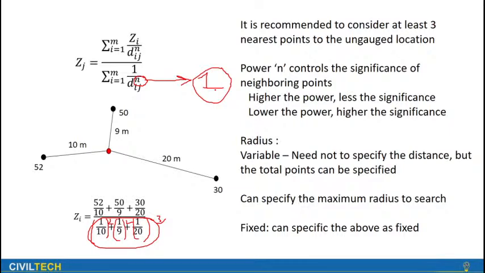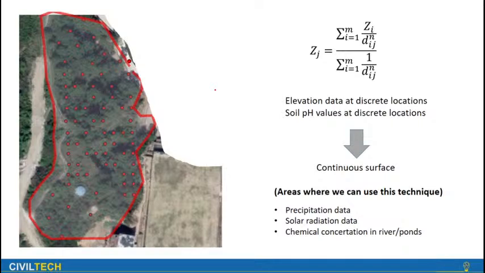This is one small example just to demonstrate how we are going to interpolate the values. Very easily we can find out the variation of the chosen parameter over the entire area, pixel by pixel, without even doing any field survey. That's the beauty of GIS, right?